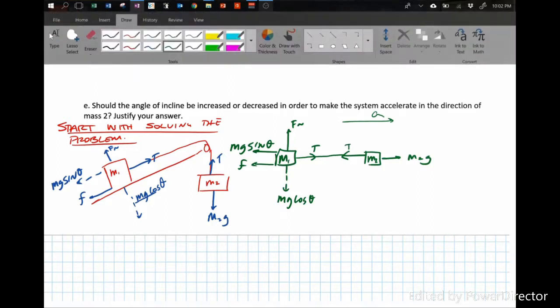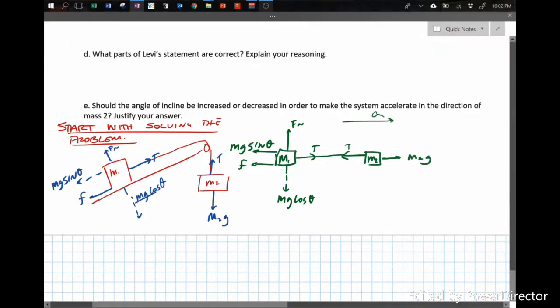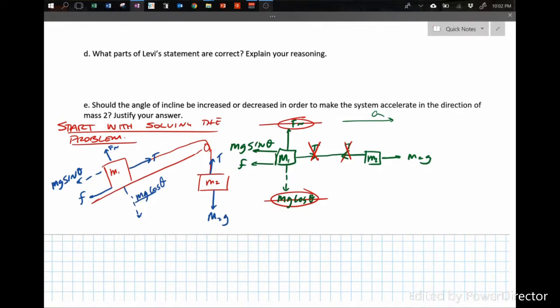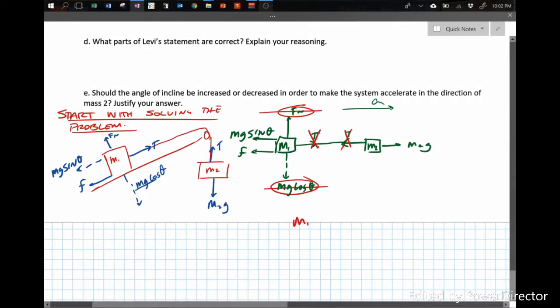Let's look at all these forces and eliminate what we can eliminate right now. Okay, tension is an internal force, so I know that it goes away. The mg cosine theta and the normal force balance each other out. So they go away. That's great. So now I can put those two together. We've got M1 plus M2. We've got M2G pulling this way.